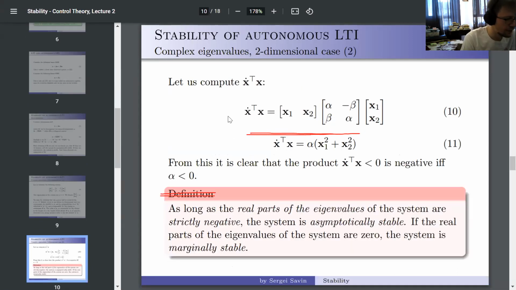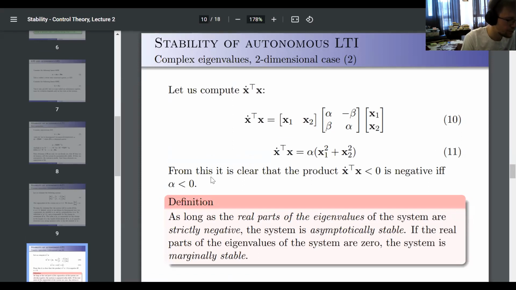So let me move this way. What we have is, when we compute this, we basically multiply x dot here by x here.